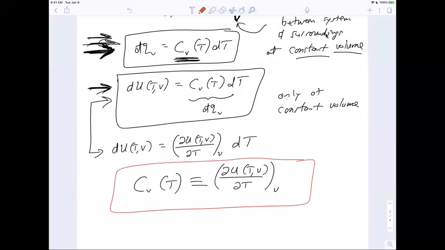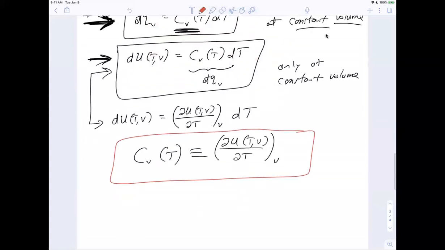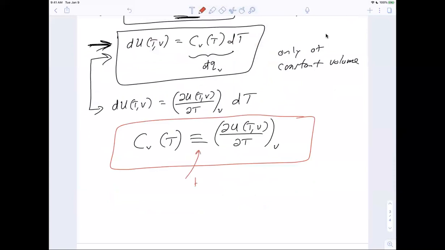The constant volume heat capacity is, by thermodynamic definition, the partial derivative of the internal energy of a system with respect to temperature at constant volume. So it's a very, very specific thing.